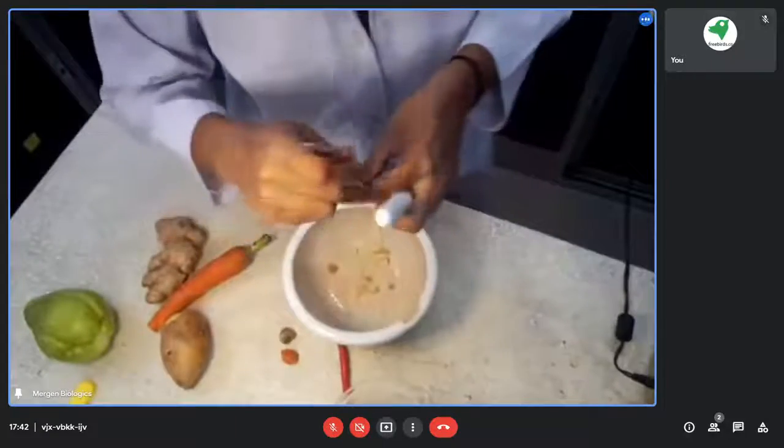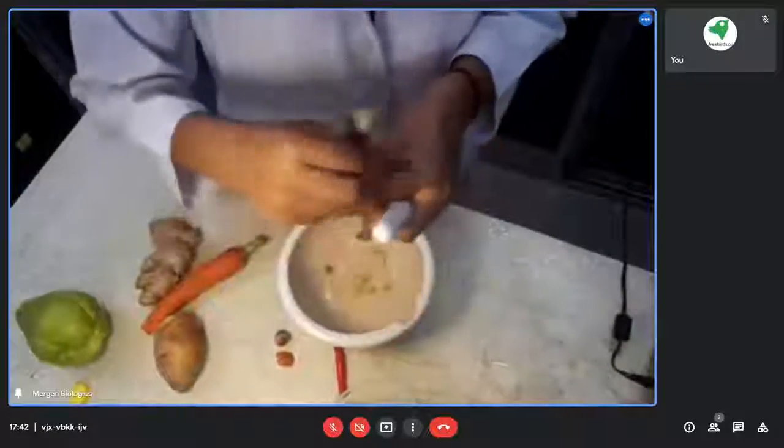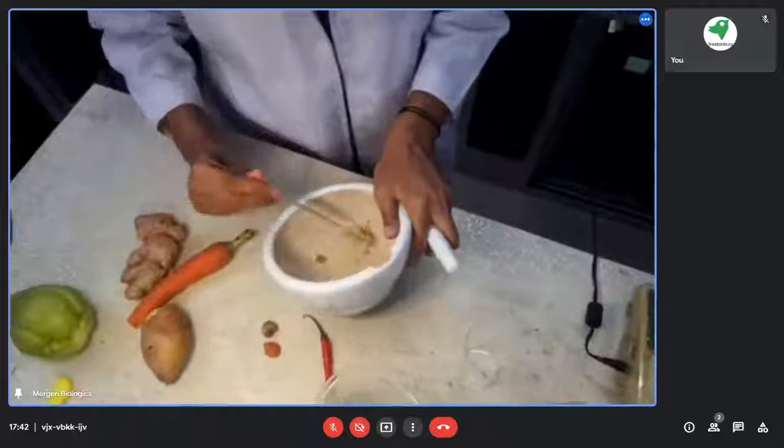For sample number 2, or beaker number 2, I have taken the sample potato.